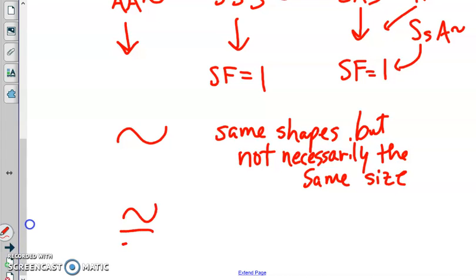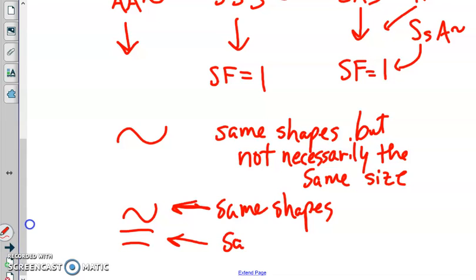And the congruency symbol looks like this, which means same shape, and with the equal sign underneath it, same size. Same shape, same size. So the equal sign is the difference between the shapes being scaled copies that are not necessarily the same, and them having to be the same because the scale factor or zoom factor between corresponding sides is 1.